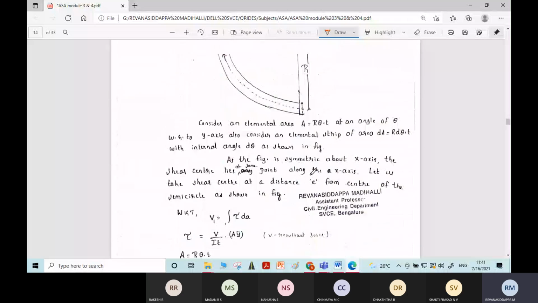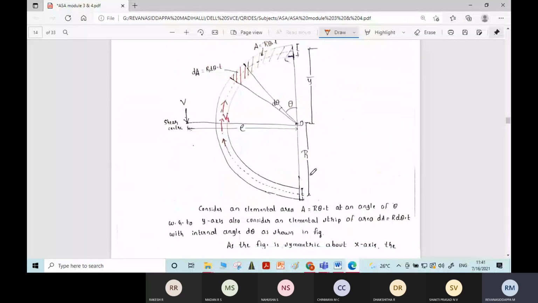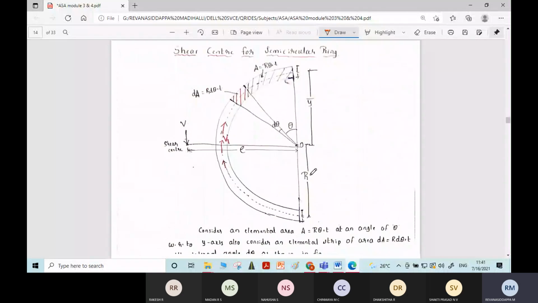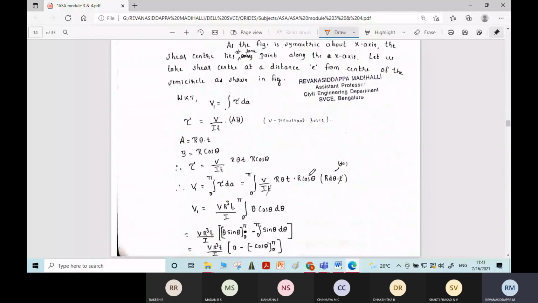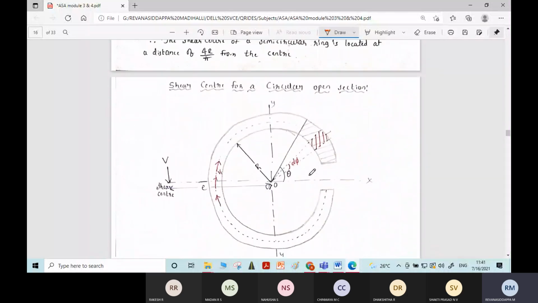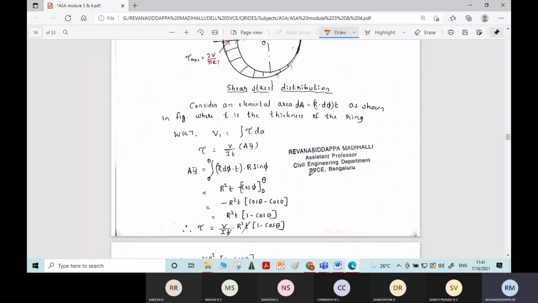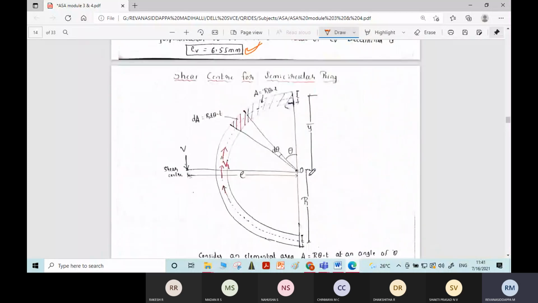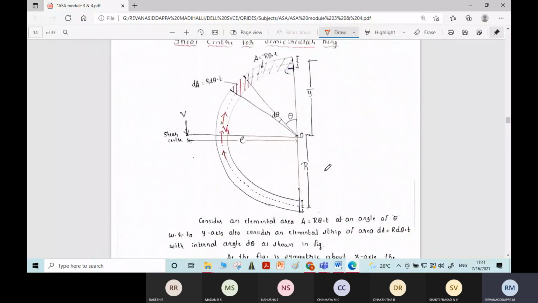Now there are derivations. In these derivations you may get one derivation: shear center of a semicircular ring, or shear center of a circular open section. Any one derivation may come. Let me discuss these derivations. First one is the shear center of the semicircular ring.